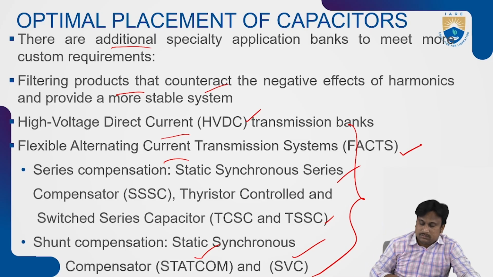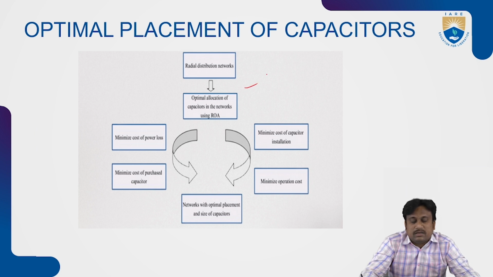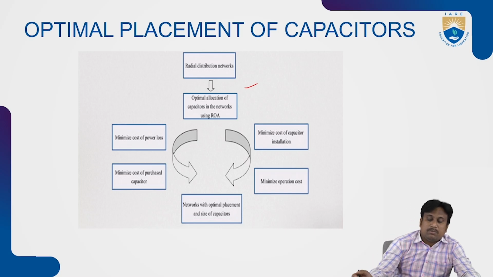So this is the diagram showing how the optimal allocation of the capacitors is done for a given radial distribution network.